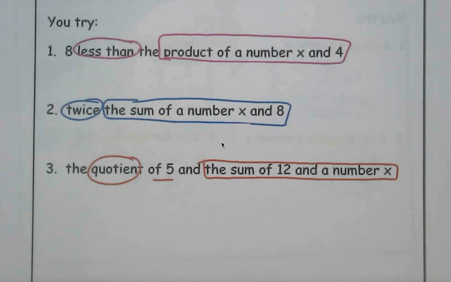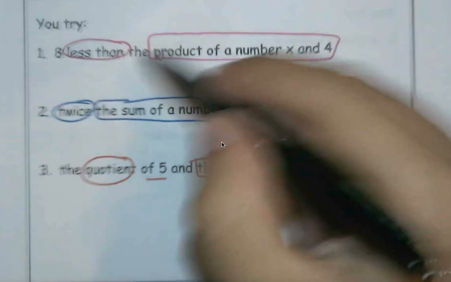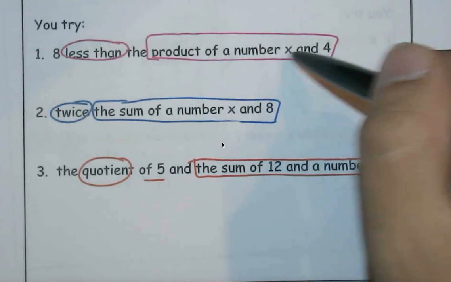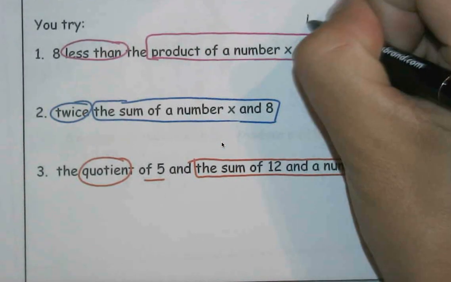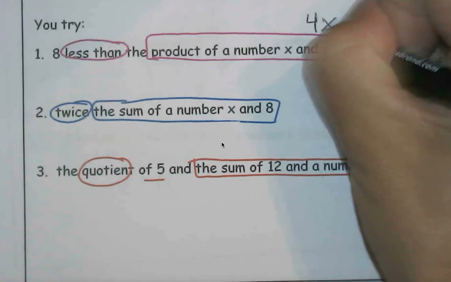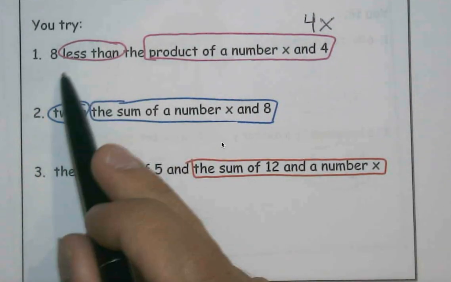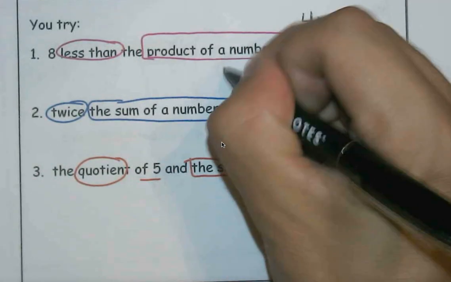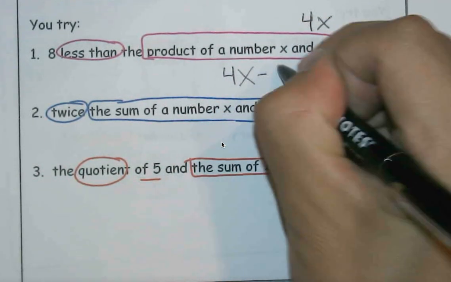All right, so with these, if we take 8 less than the product of the number x and 4, so this would be 4 multiplying with x, we're taking 8 less than that, so we'll want to deduct 8.